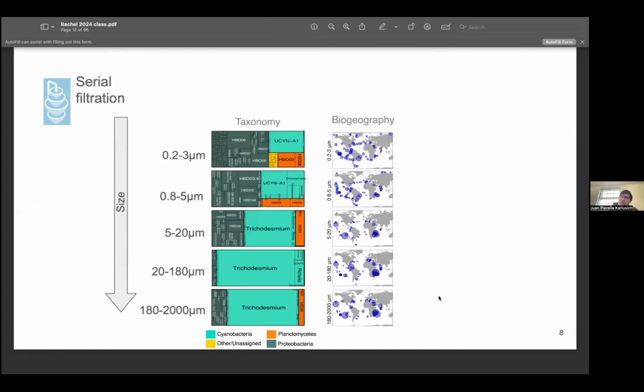So again, this slide basically illustrates the same results. But so far, I only mentioned the traditional five size fractions.